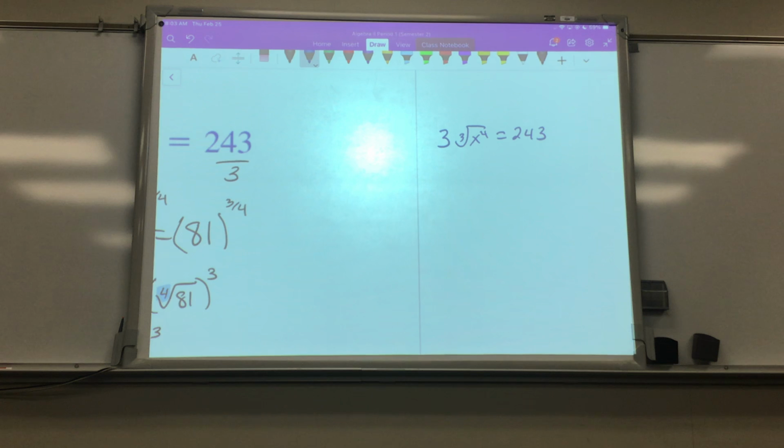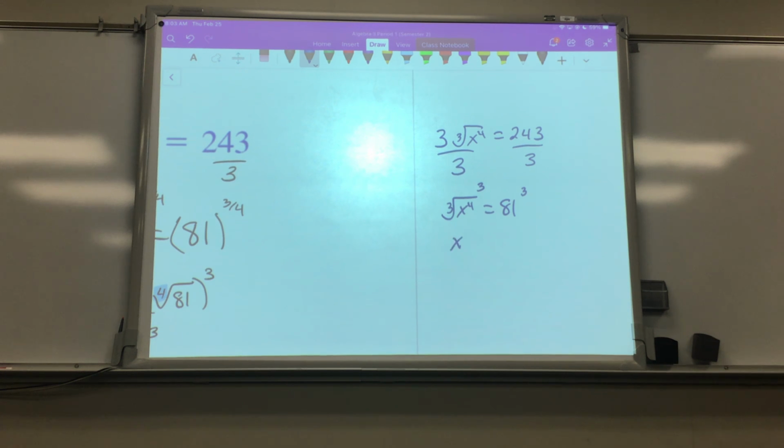Okay, so in order to get rid of the 3, we're going to divide by that 3. That's the same step, right? Then you've got cube root of x to the 4th equals 81. Now it's a cube root, right? How do you undo a cube root? Cube it, right?